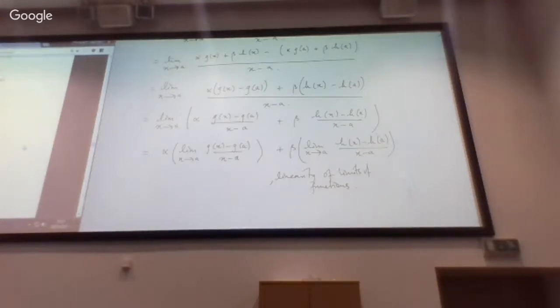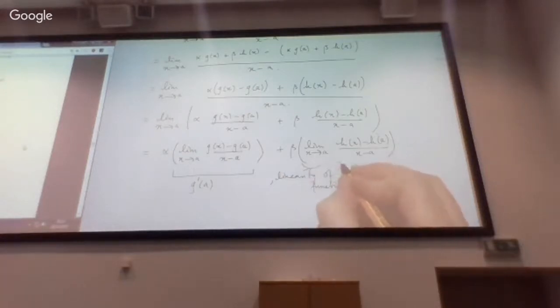Now, I also need to be sure that these individual limits exist. But of course they do exist, because we should now recognize that this is exactly the definition of the derivative of g at a: the limit of g of x minus g of a over x minus a.